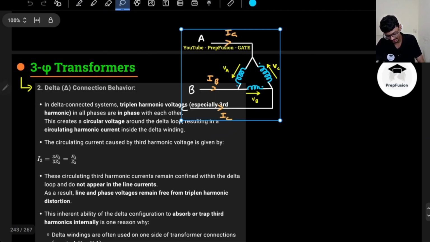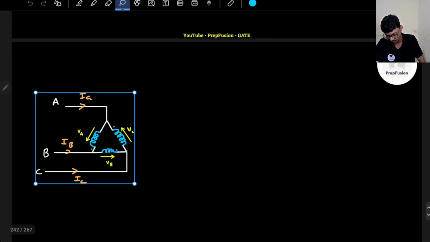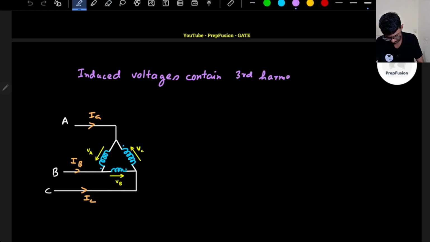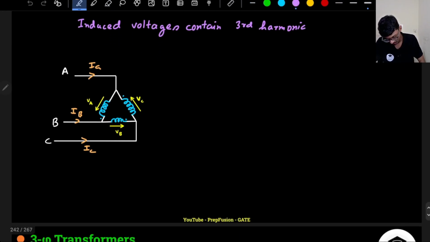So the assumption is our induced voltages contain third harmonic. So we write here: induced voltages contain third harmonic.